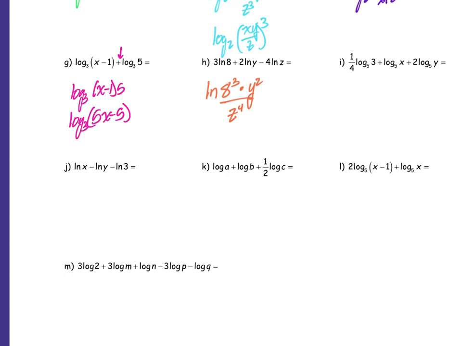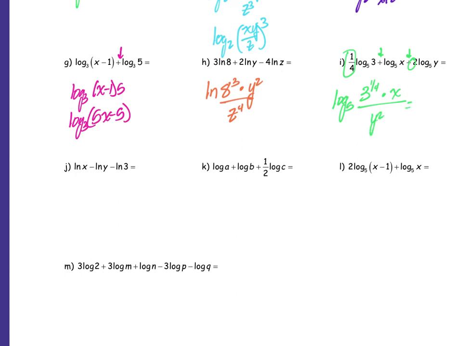And then, okay, so we've got all pluses. And I've got a couple exponents here. Okay, so I've got log base 5 of 3 to the 1/4 times x all over y squared.